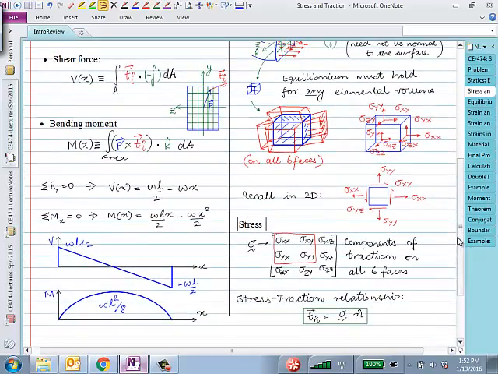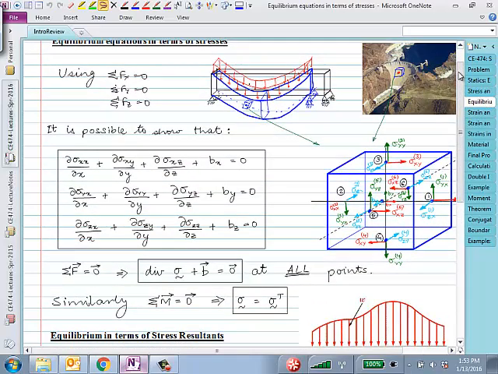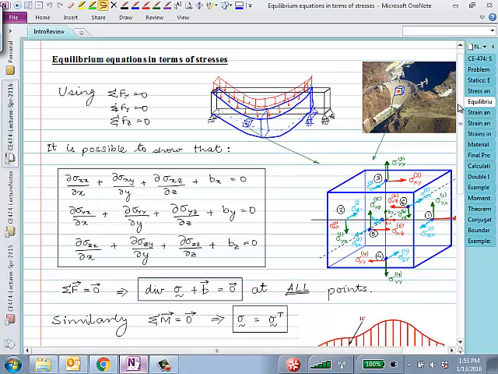I won't go into too much detail about all these different components, but let's use these stress components to write out equilibrium of a body. Hopefully this is something you have seen before, maybe not in these particular terms.